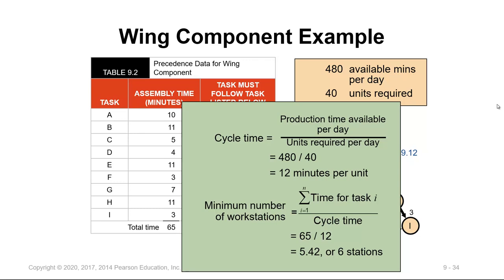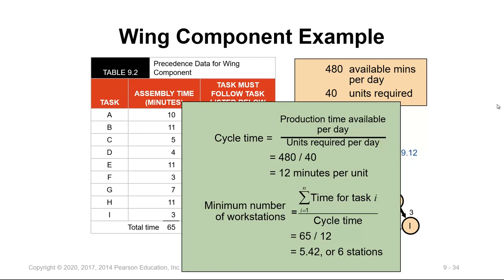Then we start calculating the cycle time for each unit, which will equal the production time available per day divided by the units required per day. If the working hours are determined to be 8 hours per day, that's 480 minutes, and the required units is given as 40.